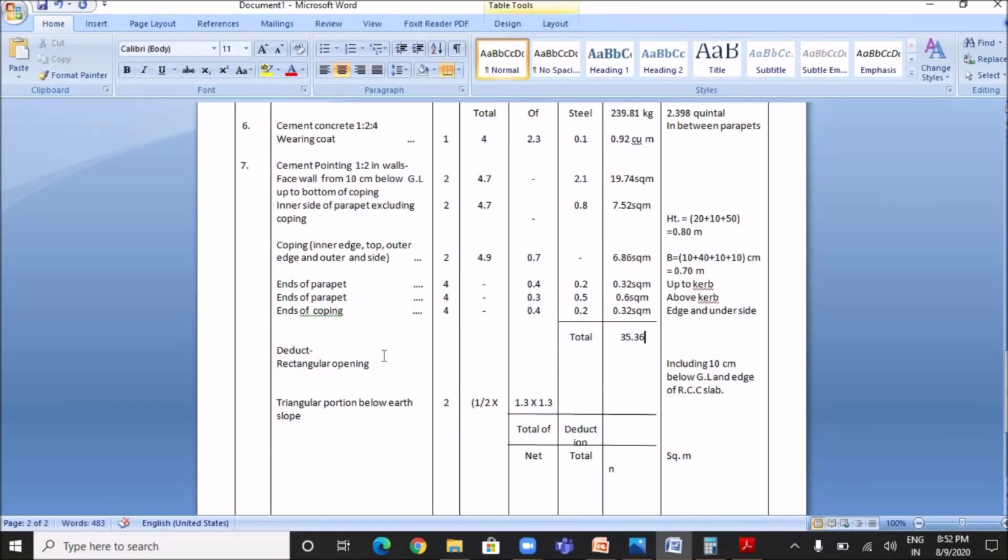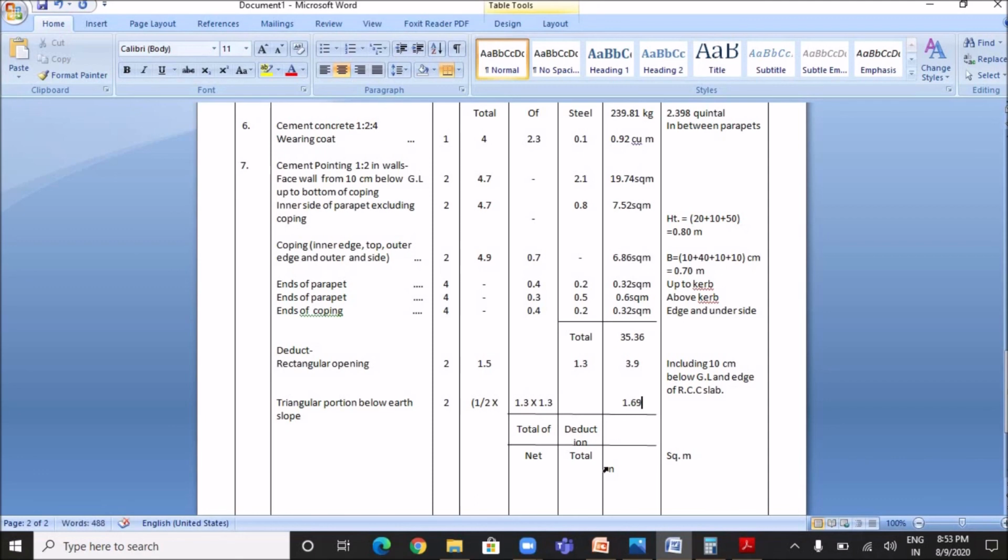So let's fill the table for rectangular opening, which is 2 in number. The length is 1.5 meter and the height is 1.3 meter and this quantity is 3.9 square meter, and this triangular portion, this quantity is 1.69 square meter.